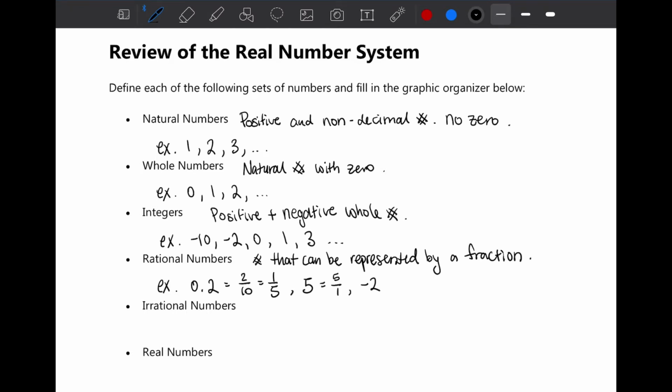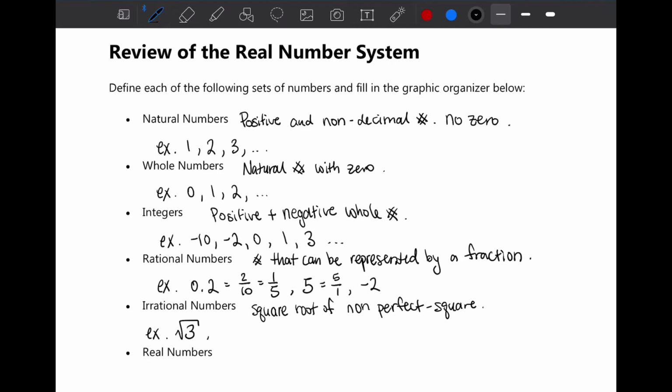Irrational numbers are the numbers that don't have repeating decimals or that cannot be written in a fraction form. For example, square root of non-perfect square. We know square root of 3, when you punch it into your calculator, you will get some decimal place that's not repeating, and therefore that's an irrational number.